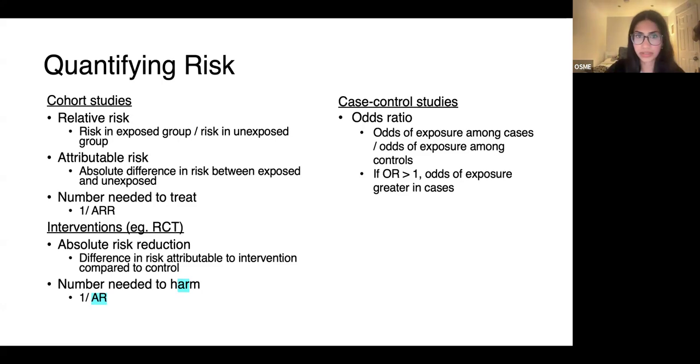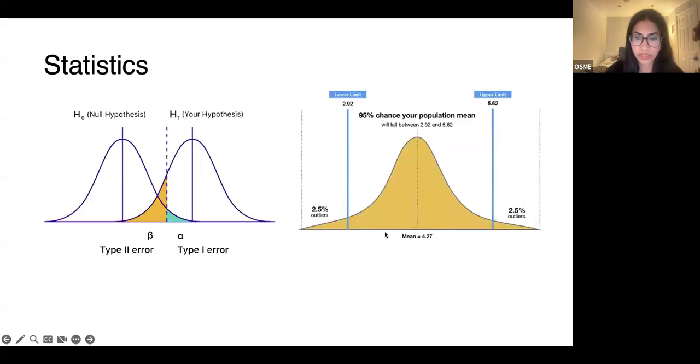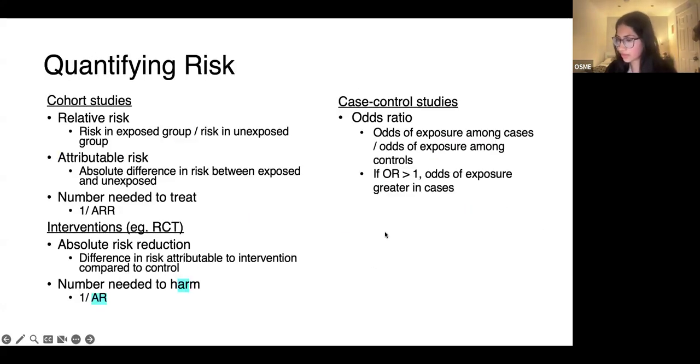Hopefully the questions will explain this a little bit more. So question 9 talks about calculating odds ratio in this case control study. The answer options are a bit mean, so it might help to have some paper and write out your calculation using the formula on the screen and then rearrange it to get your result in this format.